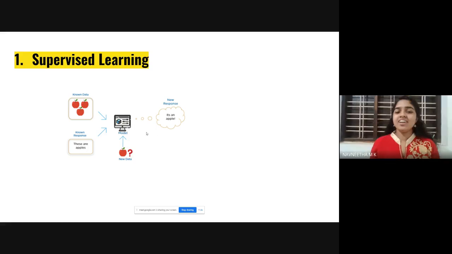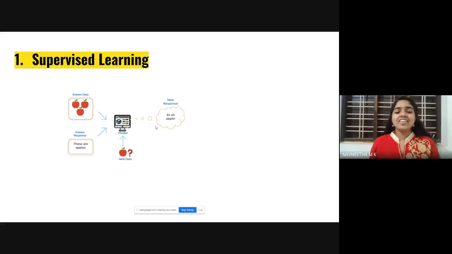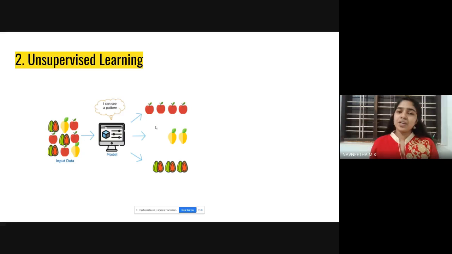Shall we move to the next slide? Yes. Okay. The next learning is unsupervised learning. In unsupervised learning, we take the input data which is clustered or mixed types of data. In this learning, no training data is required. So we just feed this input data into the system.